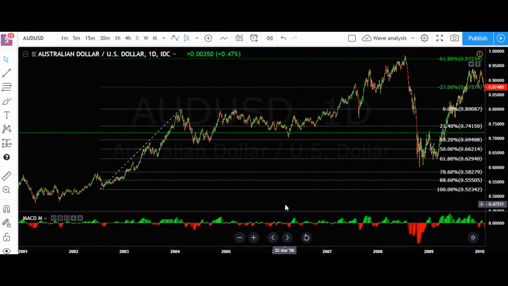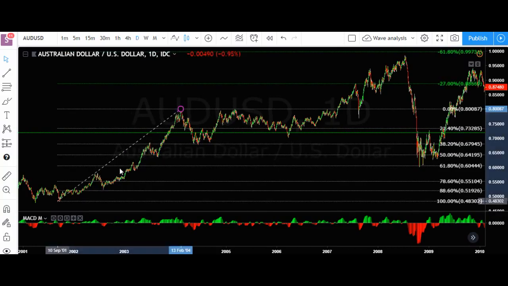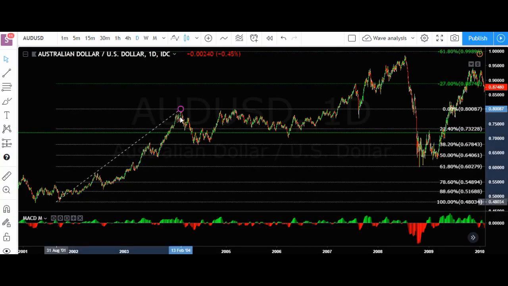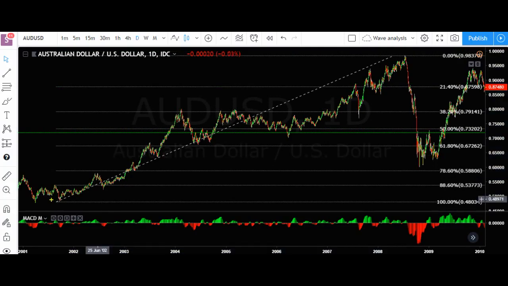And there we actually in this scenario right now that once again we broke it, and now we flipped this whole move. And I think this is currently where we're at.